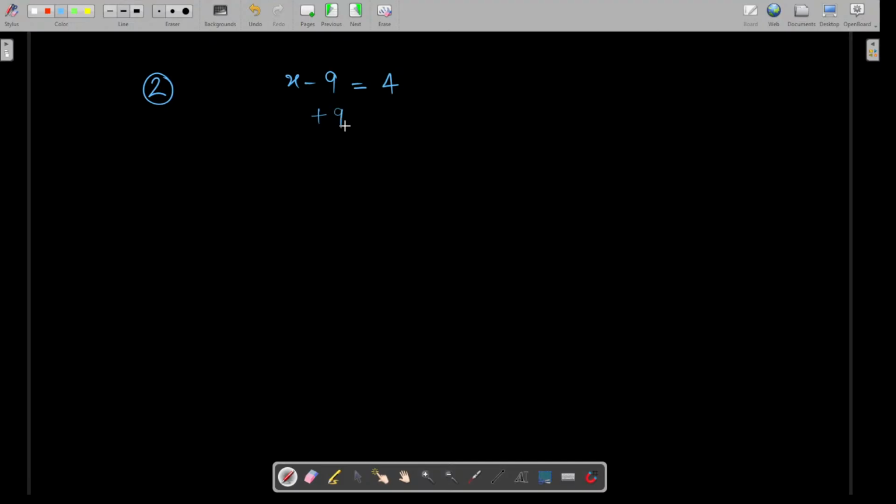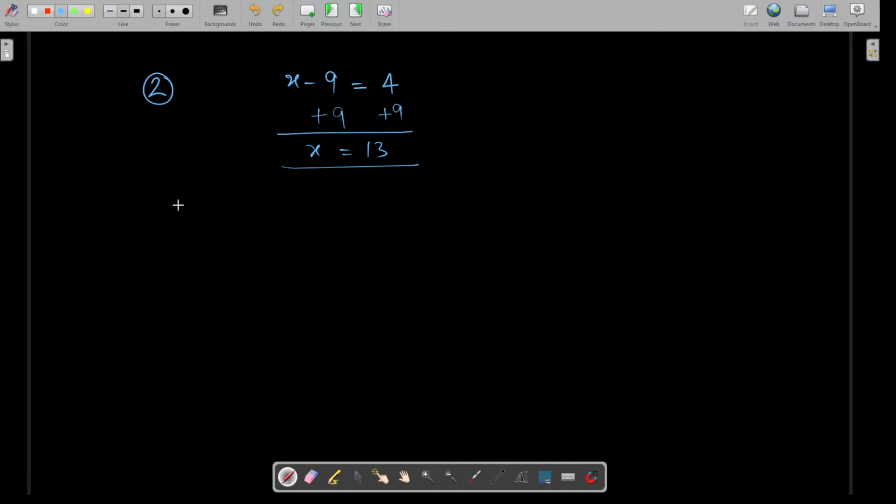And once we add 9 on one side, we have to add the same number on the other side as well. So x minus 9 plus 9, where minus 9 plus 9 is 0, so that's x plus 0, which is simply x, equals 9 plus 4, which is 13. So the solution to this equation is x equals 13. What we did here was simply add 9 on both sides.